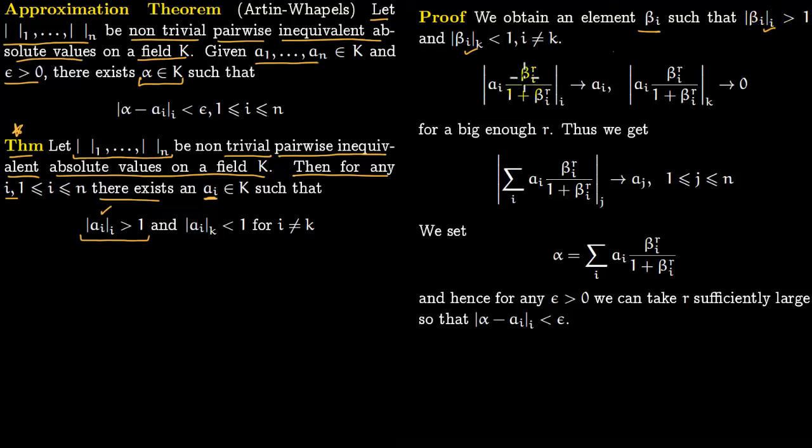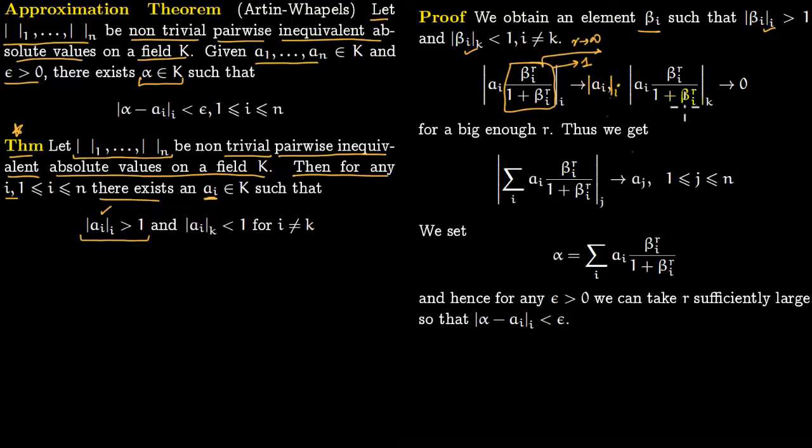When you start evaluating it, this thing is greater than 1. So you take r going to infinity. As r goes to infinity, this fraction is going to go to 1. So this entire thing will go to ai, or you can say the absolute value of ai.